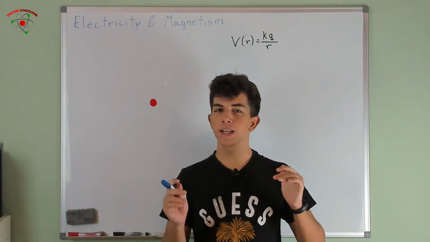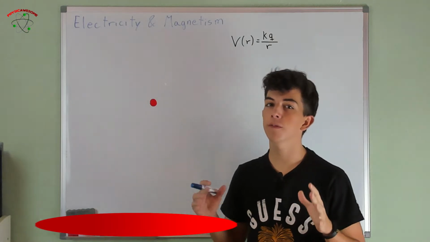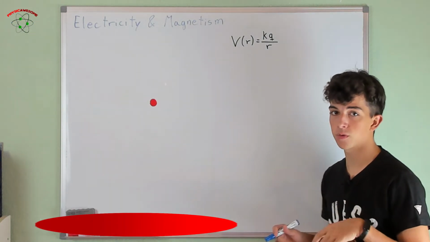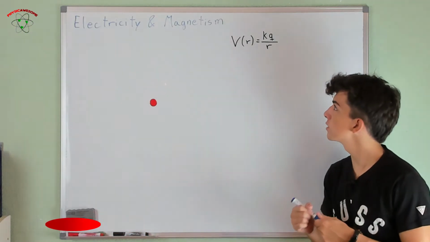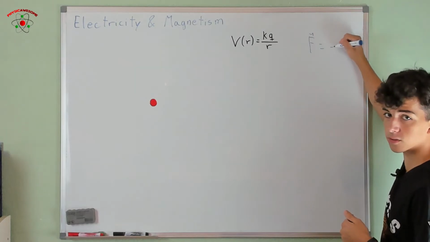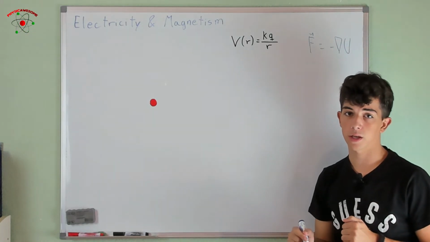Great. Now let's try and relate this to electric field. I don't know if we have covered it yet, but we will cover it for sure in the future in our classical mechanics series. And that is that force equals minus the gradient of the potential energy.